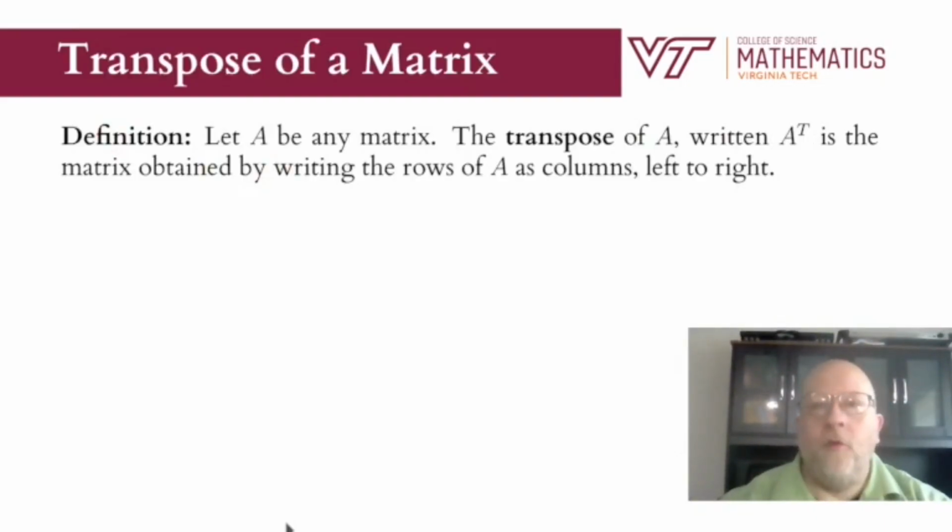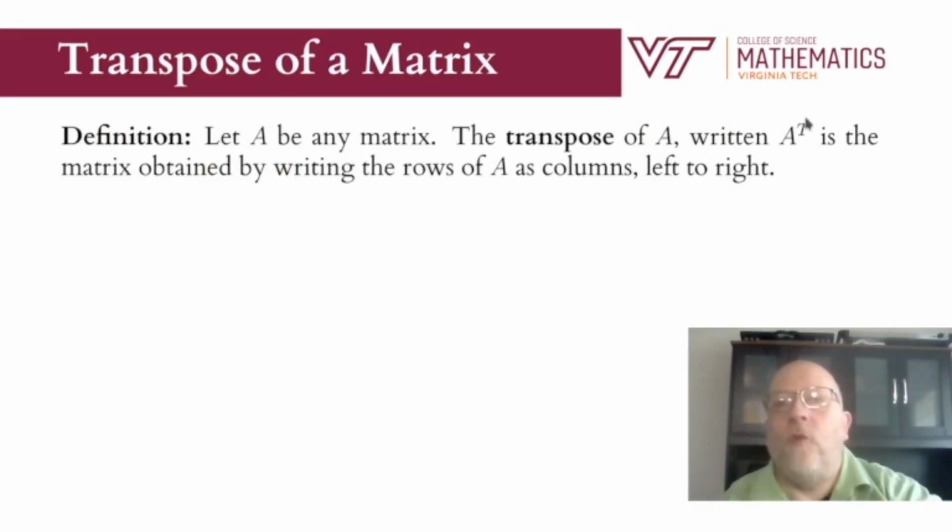The transpose of a matrix, which we write as the matrix with little t, t for transpose, is the matrix that we get by writing the rows of A as if they were columns.